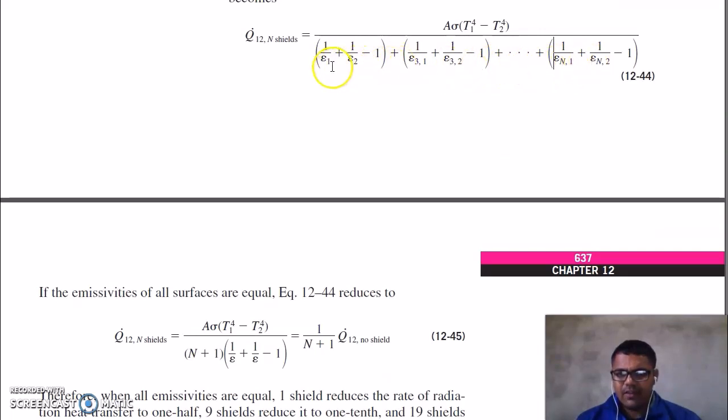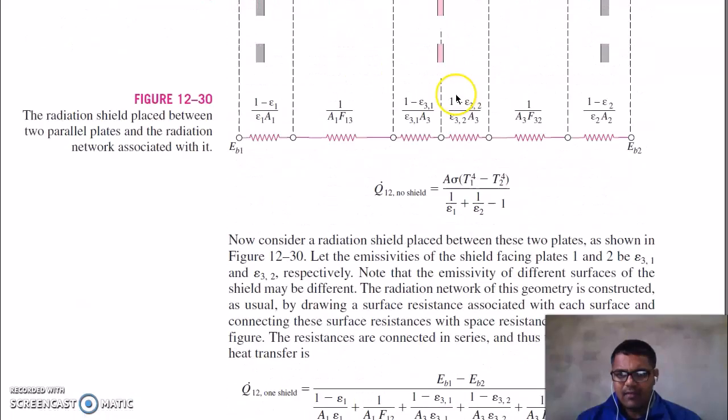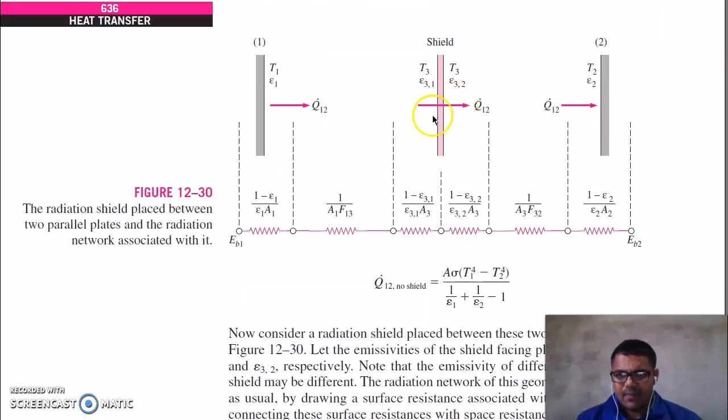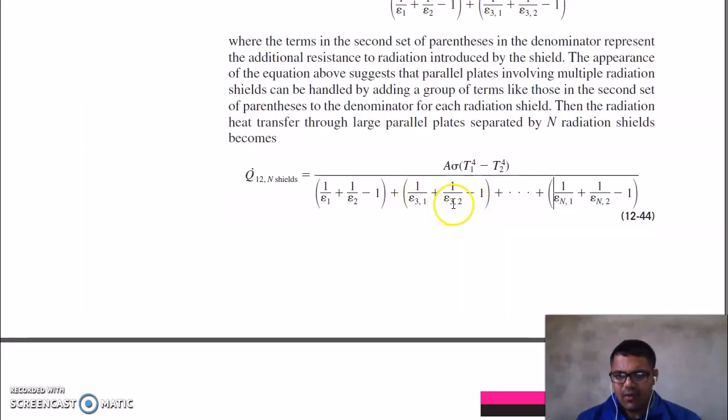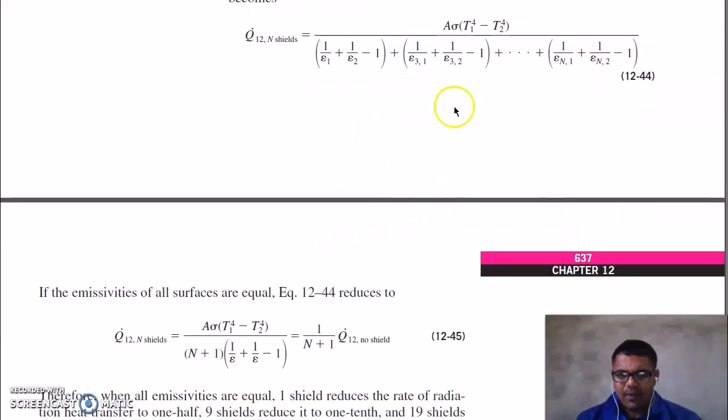Now say a special case in which the emissivity of all surfaces is the same. Means emissivity of this surface E1 is equal to E2 is equal to E31. E31 is this surface and E32 is this surface, because this shield had two surfaces. So if these emissivities are equal, you will get on simplification this equation.